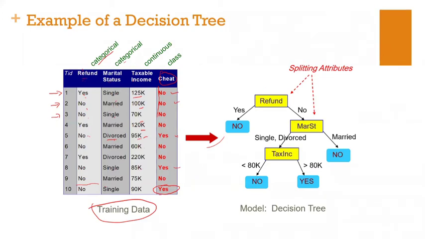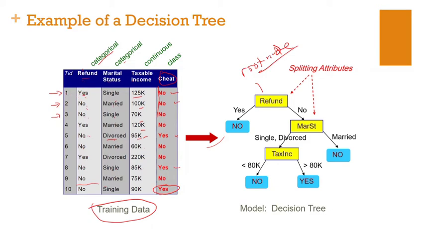Now let's start from refund. I pick refund as my first attribute. We're going to call it the root node. Since we are dealing with refund, look at the value of this attribute for each sample.